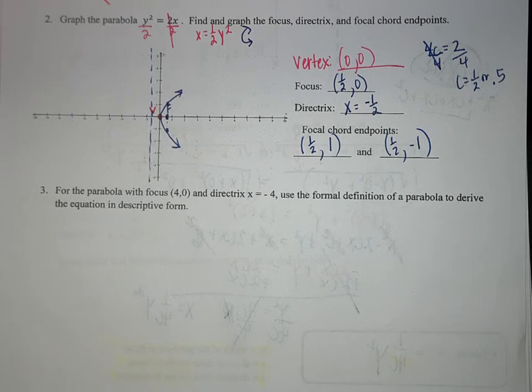Any questions? Why wouldn't it be y squared equals 2 over 1x? Why isn't it y squared equals 2? Why is it x equals 1/2 instead of 2 over 1?